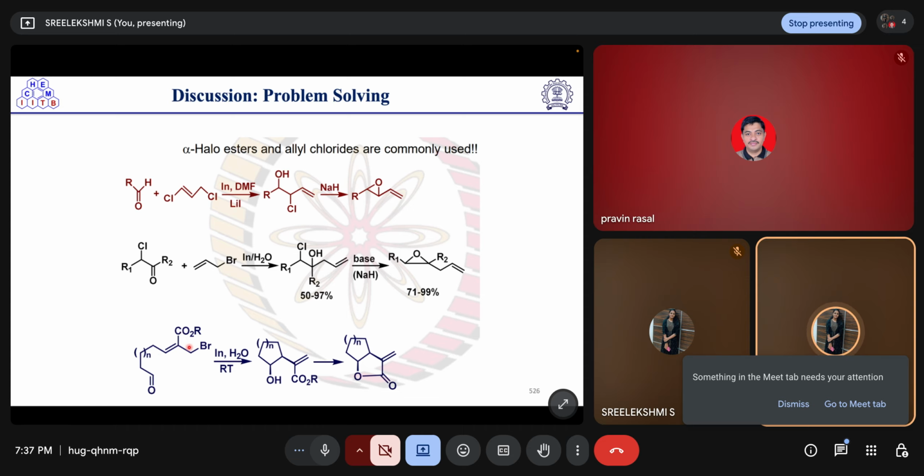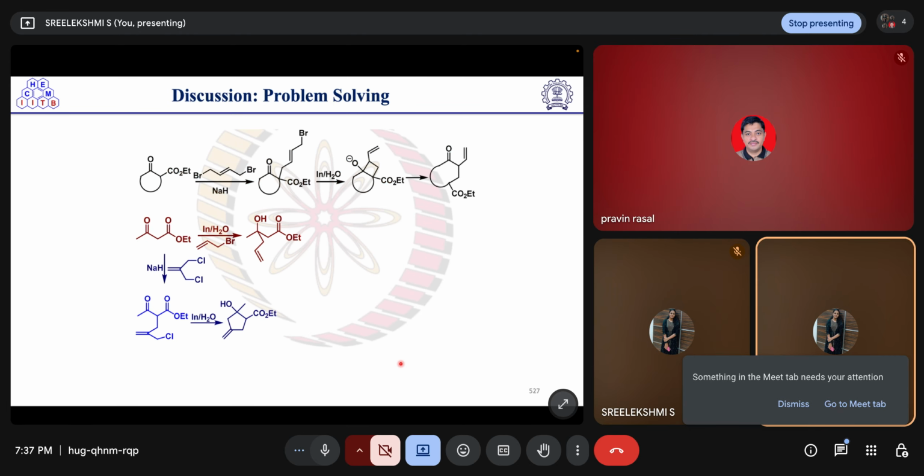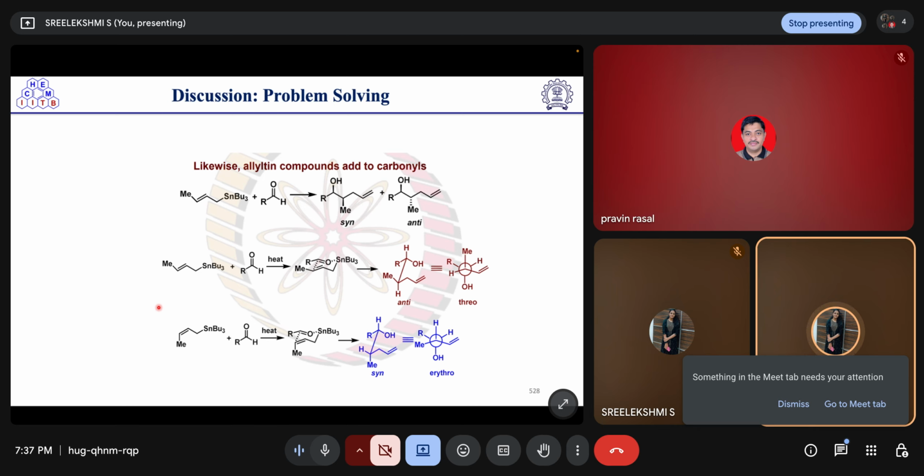Then this is coming over here, and this position is attacking over this center to form this intermediate, and then lactonization will take place between this ester and alcohol. This hydroxyl group will attack over this carbonyl carbon and give rise to this product. So these are some more examples of indium mediated reactions.